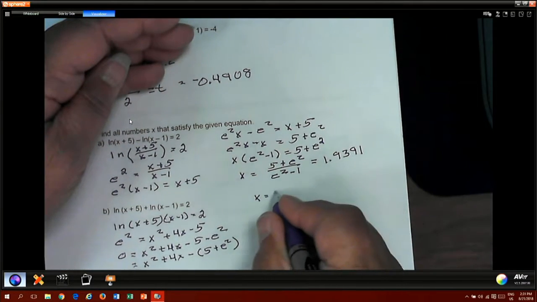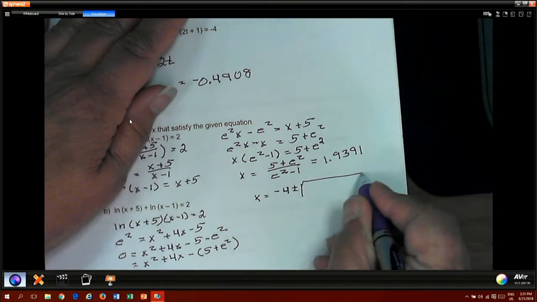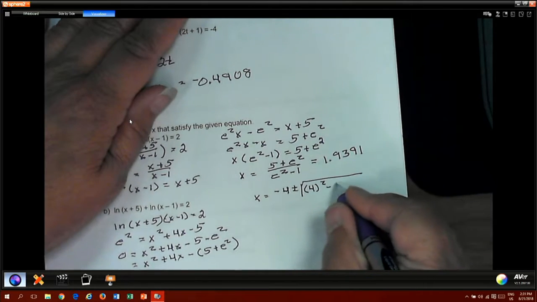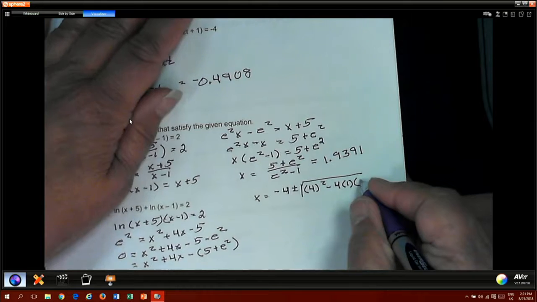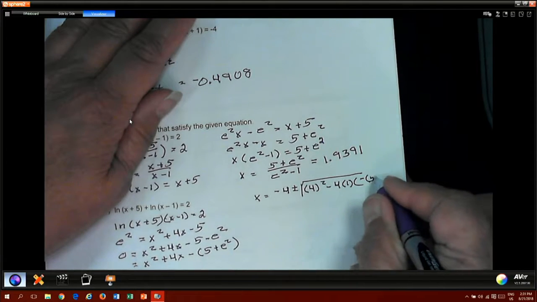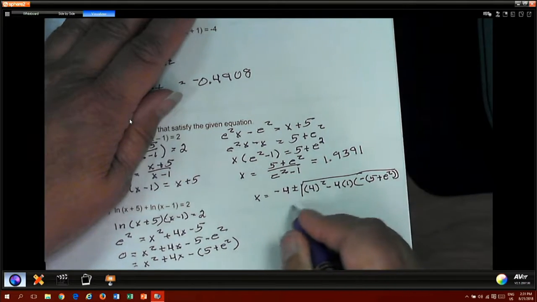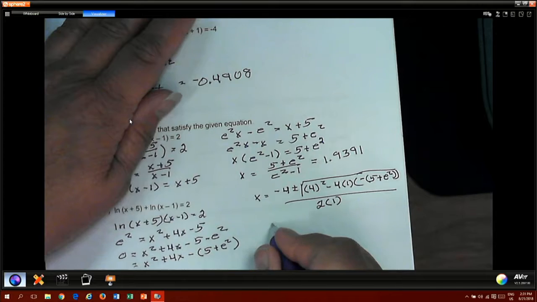So x equals minus 4 plus or minus the square root of 4 squared minus 4 times 1 times negative 5 plus e squared, over 2 times 1.